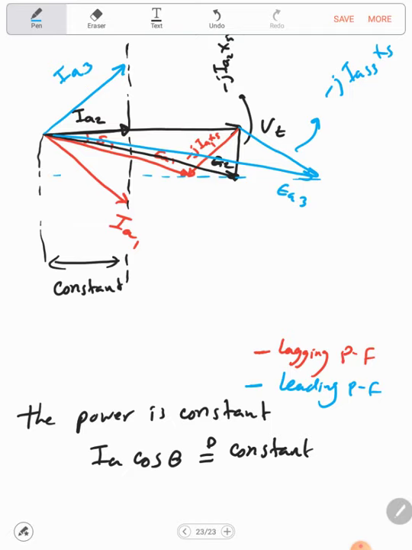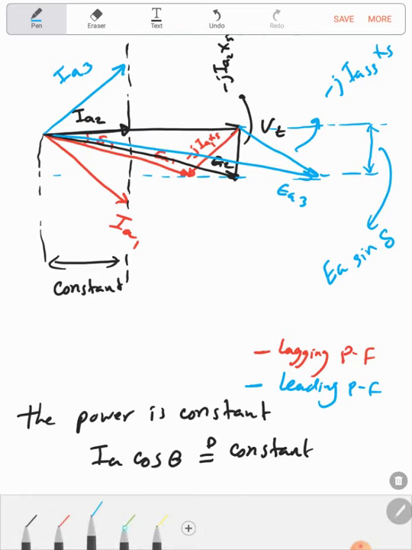Now here the same observation. This projection here is actually EA sine delta, which will also equal IA XS cosine theta, because this is also a projection. Now let's make it more clear.